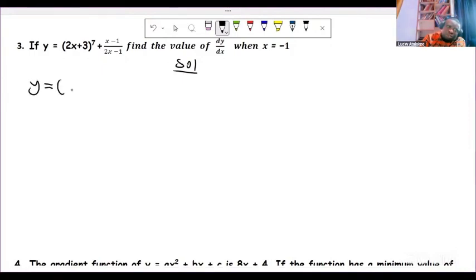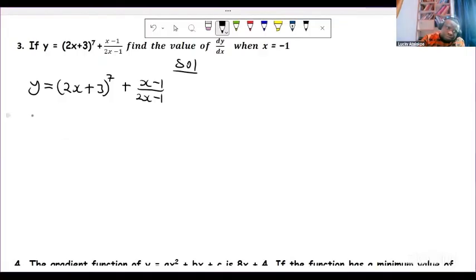So this is (2x plus 3) to the power of 7 plus (x minus 1) over (2x minus 1). So the first thing I would do is I am going to differentiate each of these terms.